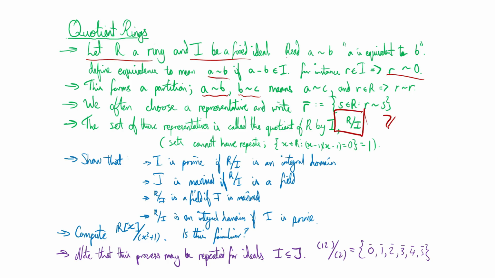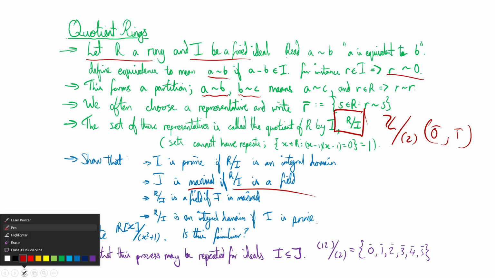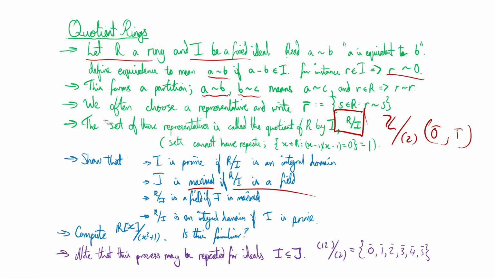So the integers over the even numbers, well, the even numbers are a maximal ideal, so it's a field. It just so happens that you've only got odd numbers or even numbers. As I stated last time, we will show that this is a field. And you inherit the ring actions, so you inherit multiplication.